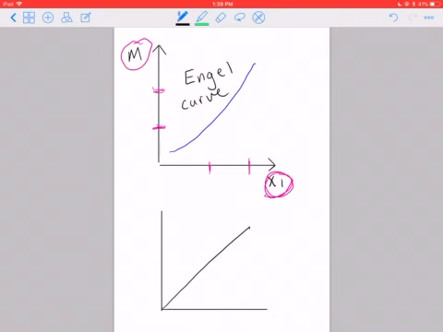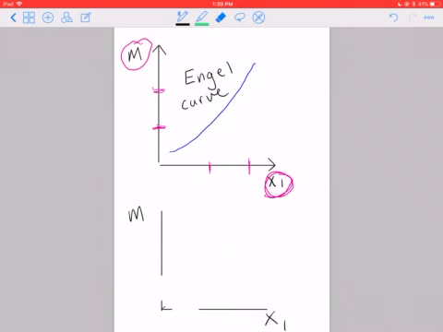We have no preference between the two. So when our income changes, our demand for x1 will stay consistent the whole time. That's why we have this straight line right here.